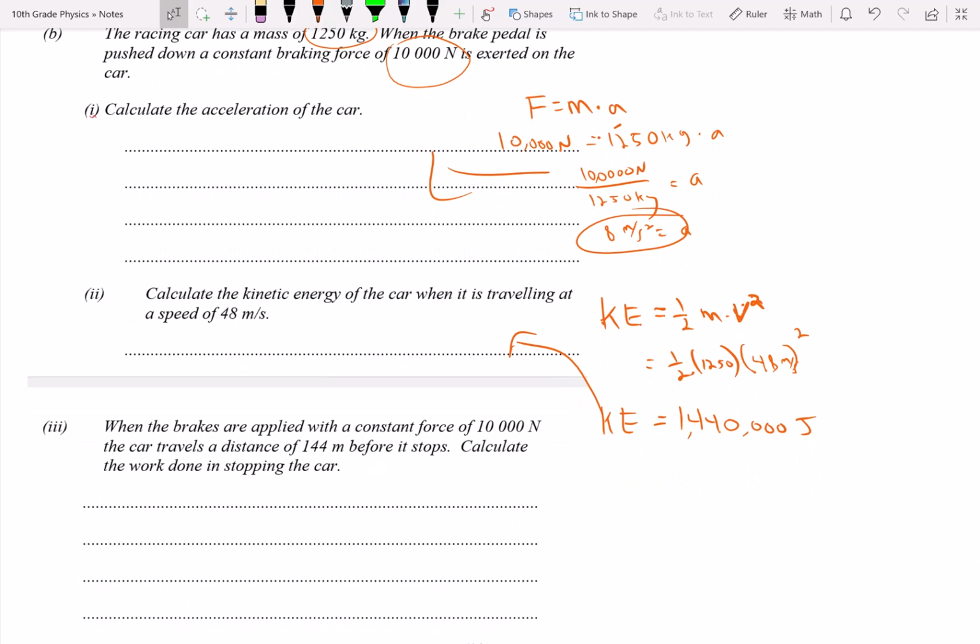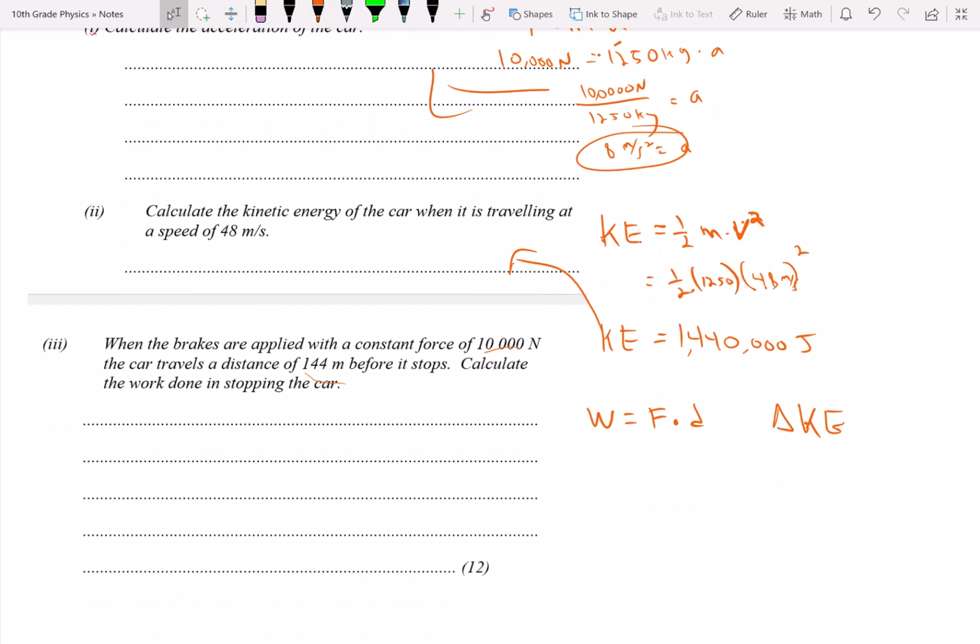When the brakes are applied with a constant force of 10,000 newtons, the car travels a distance of 144 meters before it stops. Calculate the work done in stopping the car. So remember, work is force times distance. Another way to think about work is change in kinetic energy. I think we could solve this one a couple different ways.